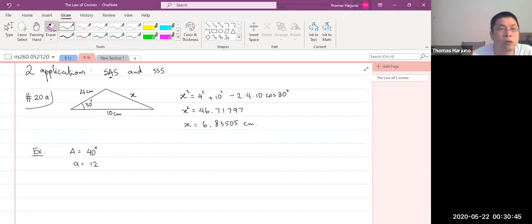No, not that one. Side A is not known. I want to have side B to be 12 and side C to be, let's say, 14.